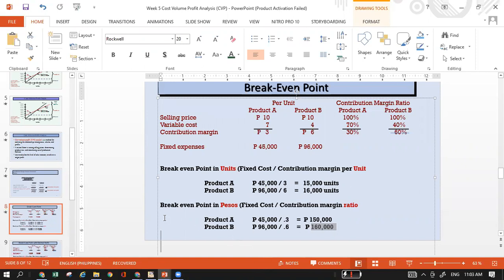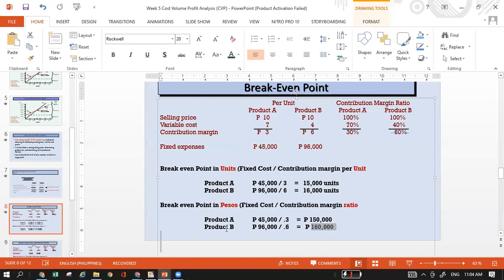Now we compute for the break even point in pesos. Fixed cost divided by contribution margin ratio. How do you compute for your contribution margin ratio? Contribution margin of 3 pesos divided by selling price of 10 and you get 30% or 0.3.